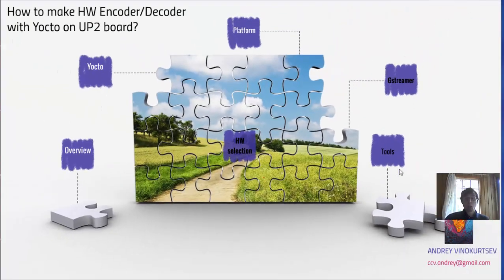Therefore, whether you choose this board or another board, no matter what platform is inside, you need to investigate further whether your platform supports the codec you need to achieve what you want.